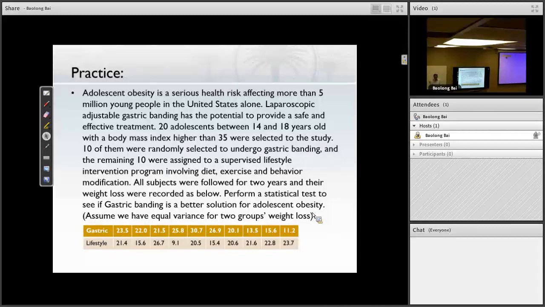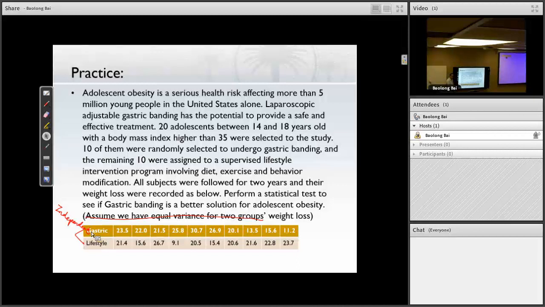Then we have data collected here. Assume we have equal variances for the two groups. So basically, that tells us we need to do a pooled variance test. The two groups are independent because they're totally different 10 young people, adolescents, in each group.